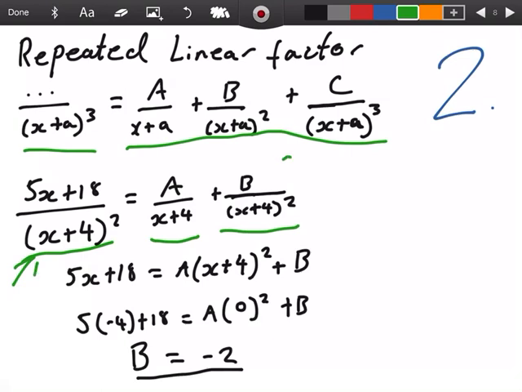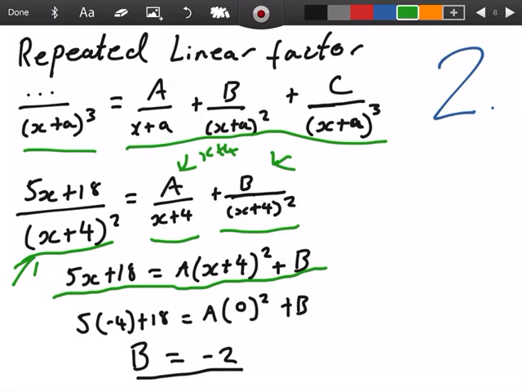So we don't need to times anything on B, but we do need to times (x + 4) on A. That gives here, since the denominators cancel out, 5x + 18 equals A(x + 4) plus B.